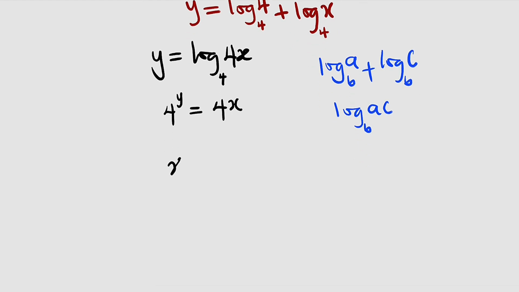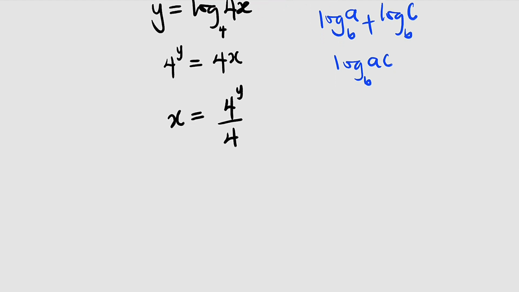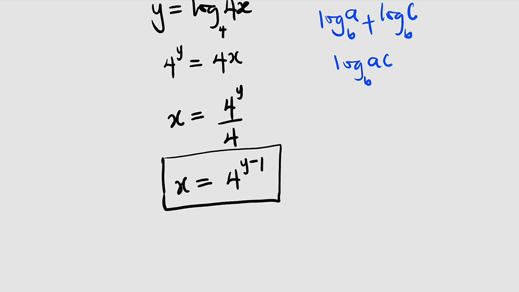Therefore, x equals 4 to the power of y divided by 4. Applying one of the laws of indices, x is equal to 4 raised to the power of y minus 1, because naturally 4 at the denominator has a power of 1. So this is the value of x.